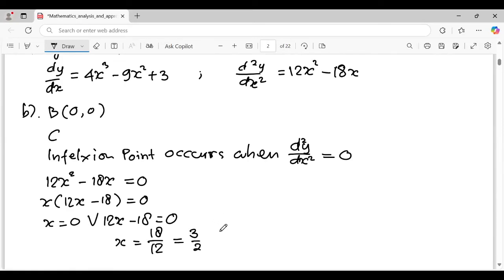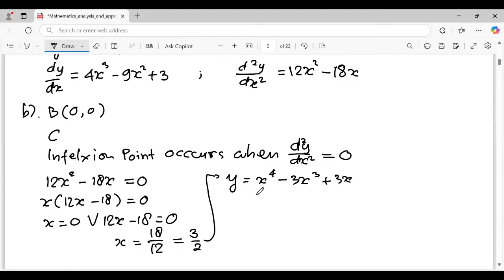And then after that, substitute x equals 3 halves into y equals x power 4 minus 3x cubed plus 3x.